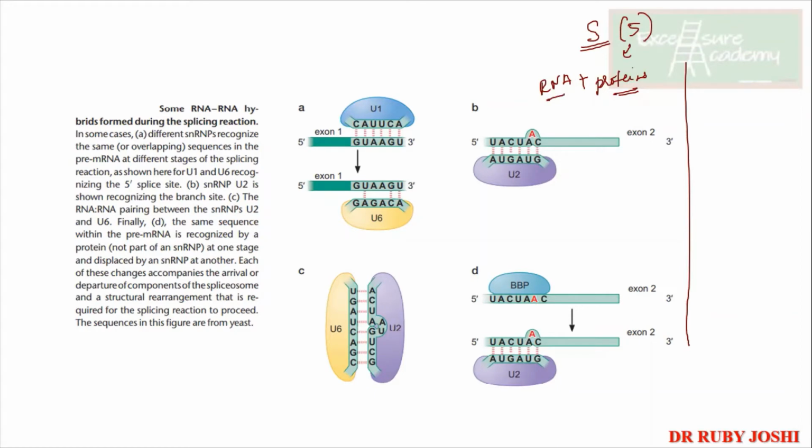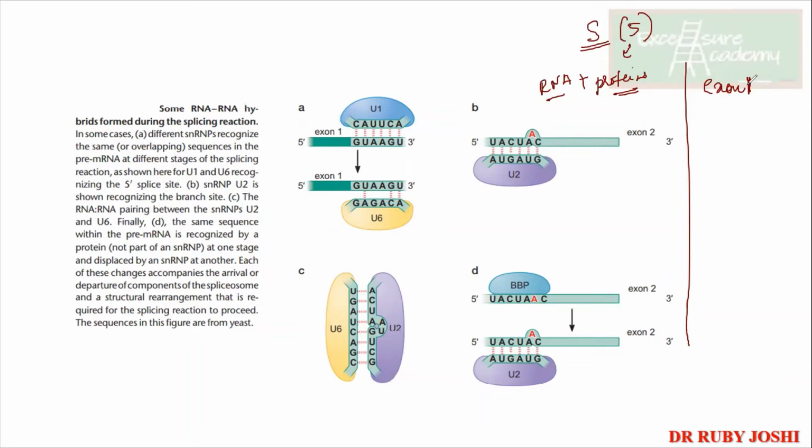Now exon 1 is there. Now you must be thinking how come exon 1 and exon 2 will all be binding, right? So the thing is that in the genes, let it be any gene, take the SV40 virus T antigen, or you can take the insulin gene, whatever, this much stretch will be present so that the spliceosome can interact.